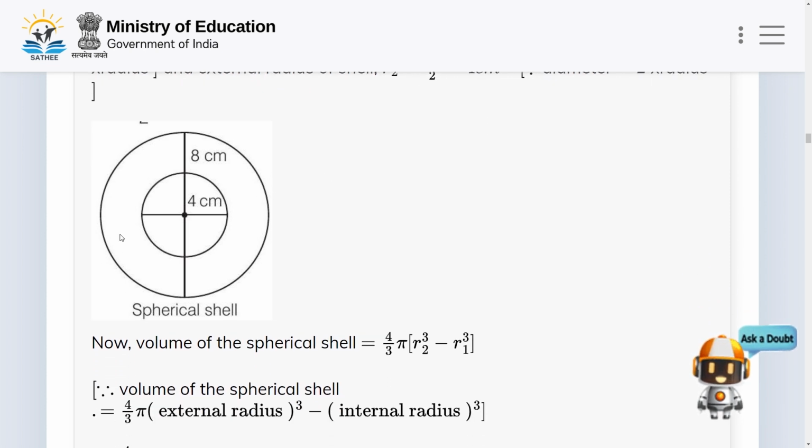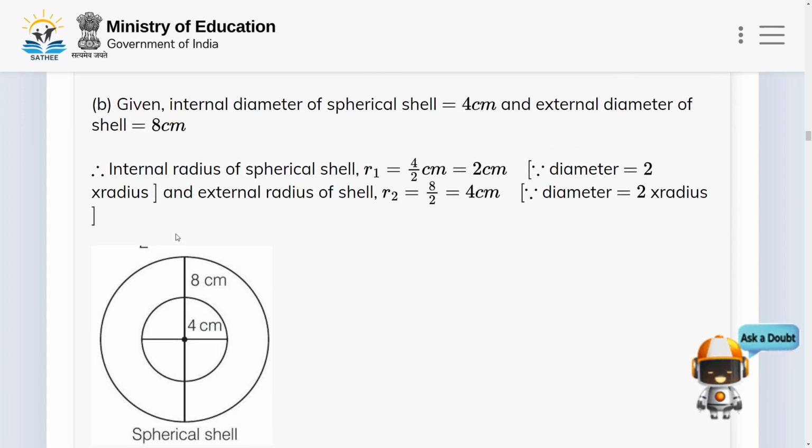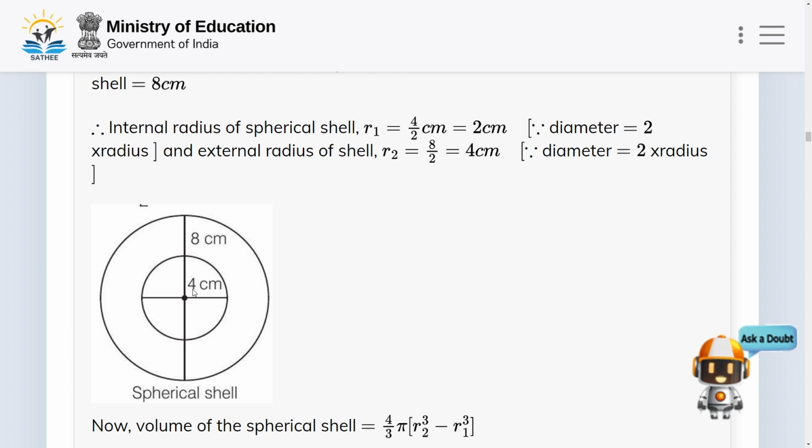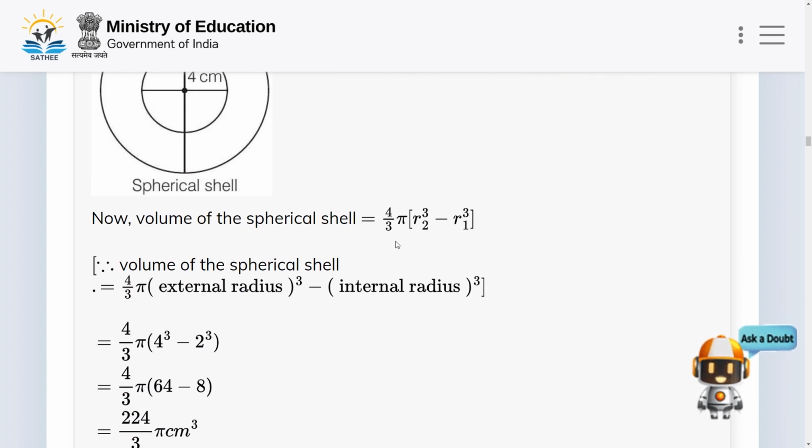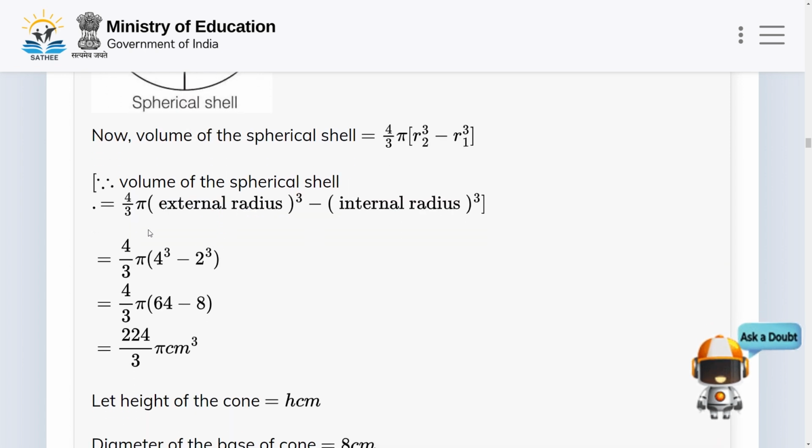Okay, so you can see this figure. This is our spherical shell, and here the radius of the internal sphere is 2 centimeter, and the radius of the external sphere is 4 centimeter. And now the volume of the spherical shell is 4 by 3 pi times (R2 cube minus R1 cube), since the volume of the spherical shell is 4 by 3 pi times external radius cube minus 4 by 3 pi times internal radius cube.